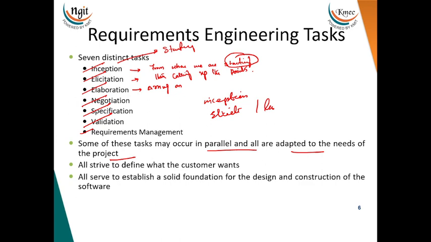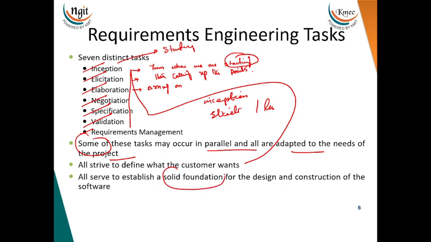Some of the tasks may occur in parallel. All these points establish what the customer wants, and they establish a solid foundation for our design part. So let's see all these parts clearly.